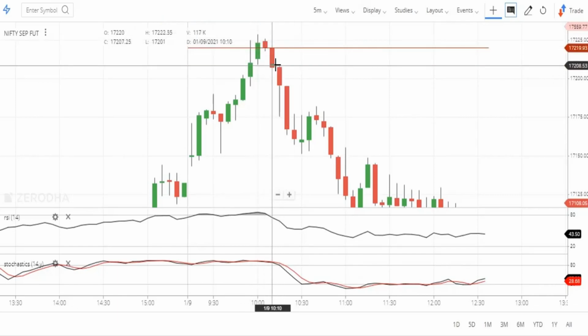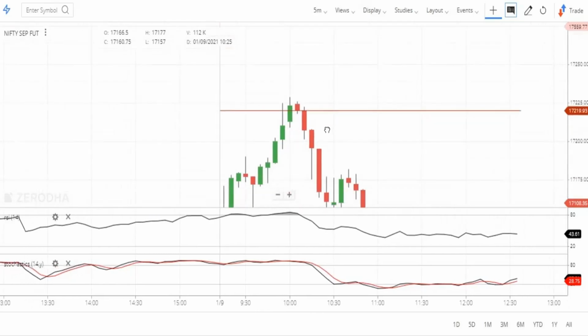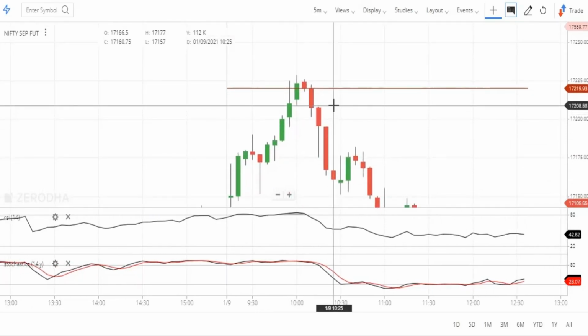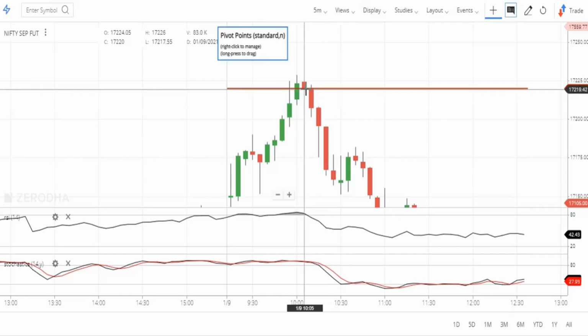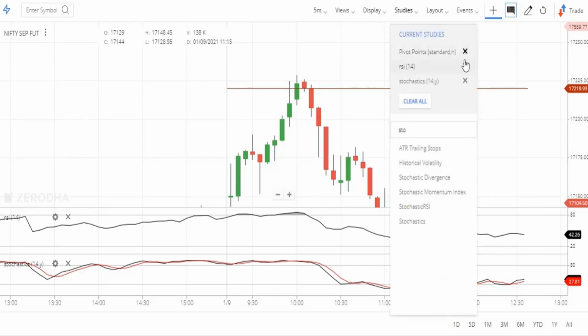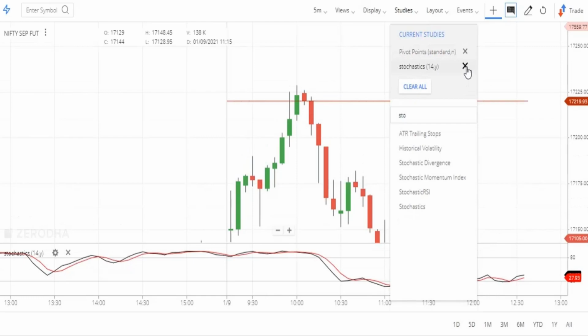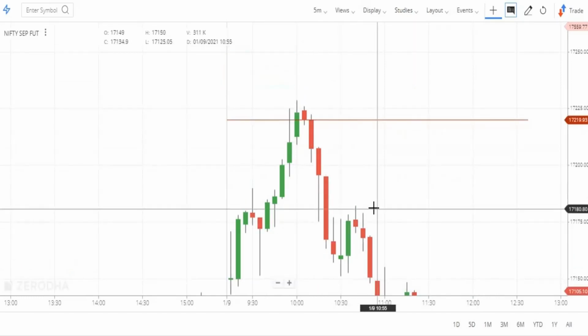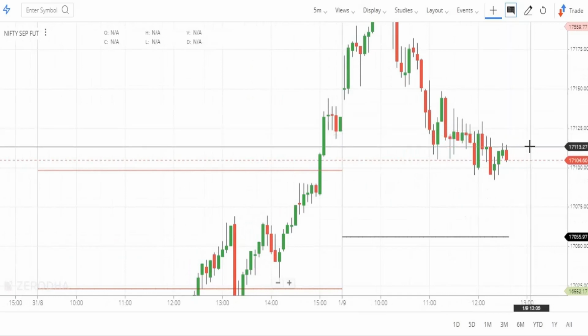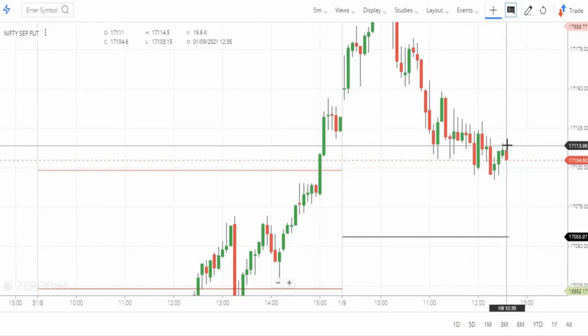This is a three inside down or something. I do not remember the name, I just want you to understand the concept of how they work. Then we had pivot resistance point 1 over here. As you can see, there were multiple confluences hitting at that particular point, and that is why markets fell from that point. So when all these confluences come together, it is easy to trade in markets.